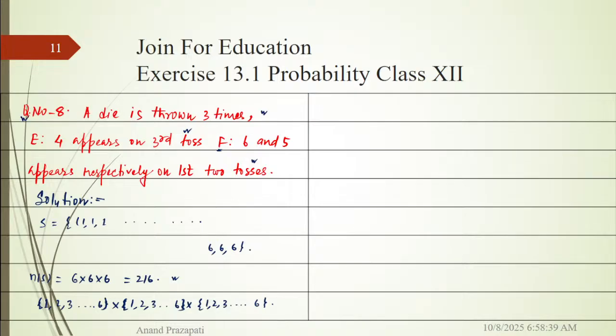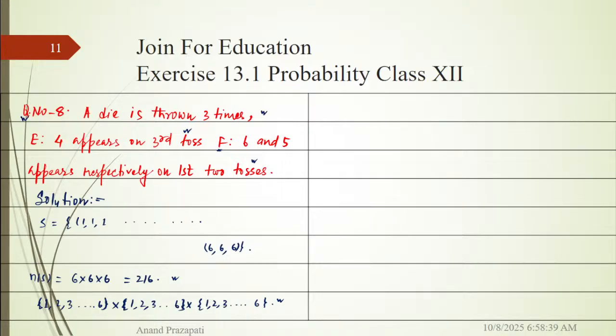After the Cartesian product, we get all of these sample points. So the number of sample points here will be 216. Hope there is no problem understanding the number of sample points.